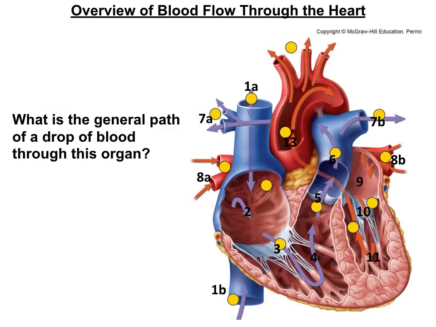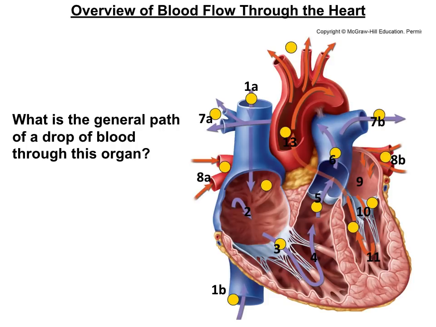If the blood drop is coming from body structures superior to your diaphragm. Now remember, in A&P1, this is why you had to learn the diaphragm. The diaphragm is that large, sheet-like muscle that separates your thoracic cavity from your abdominopelvic cavity.